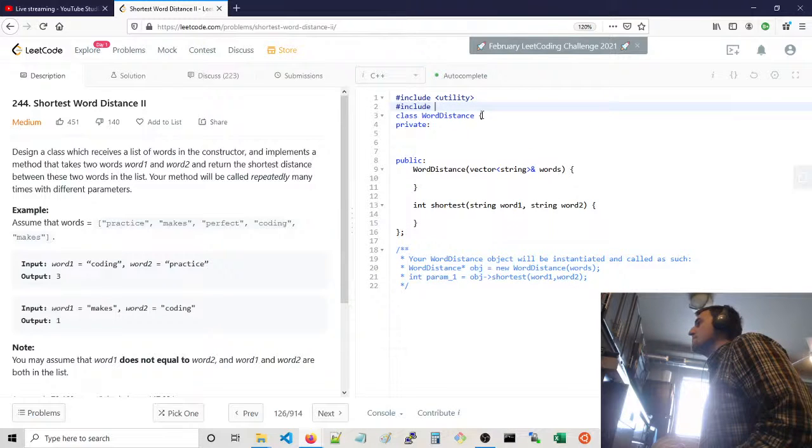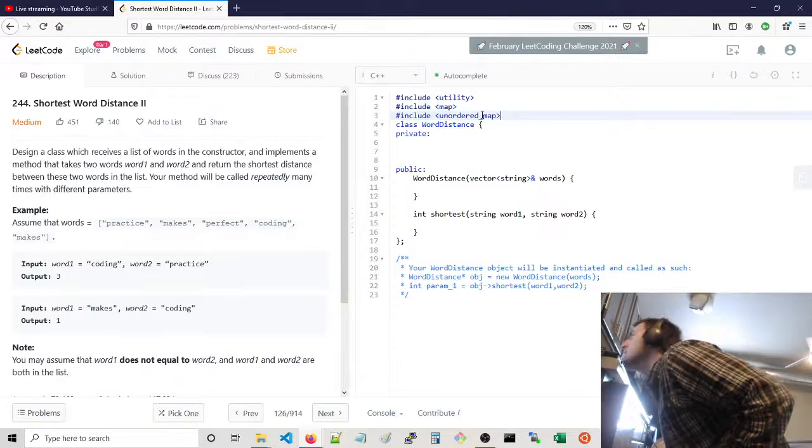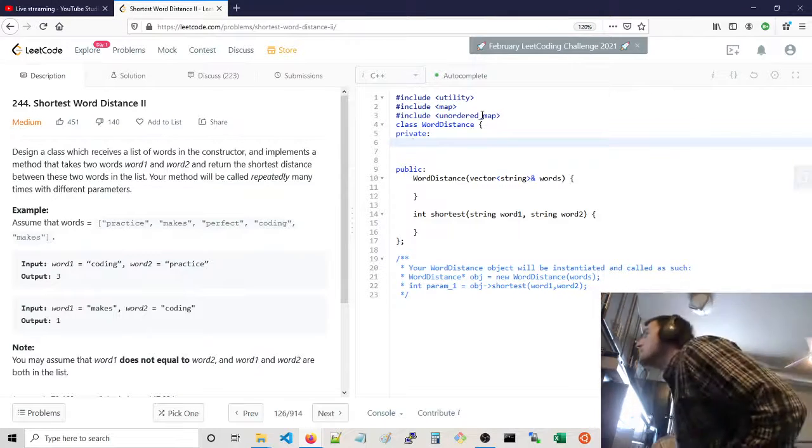We want a map, and we want an unordered map. And so we want our memo.